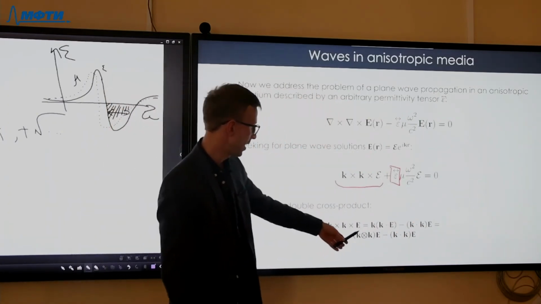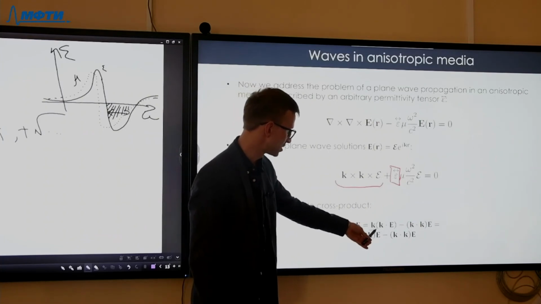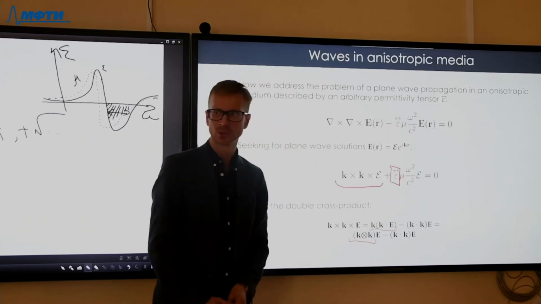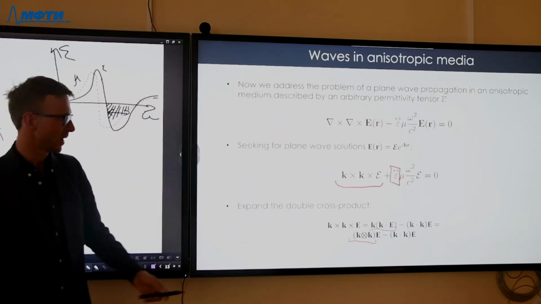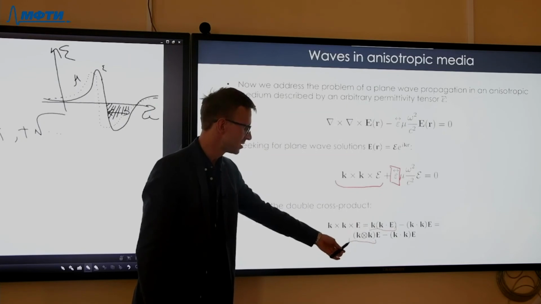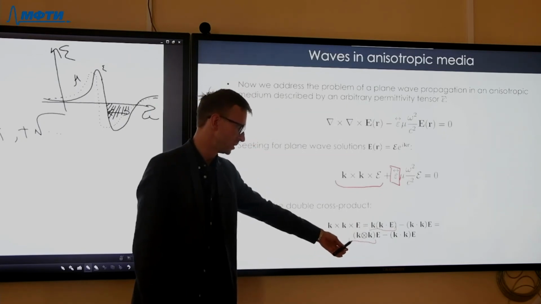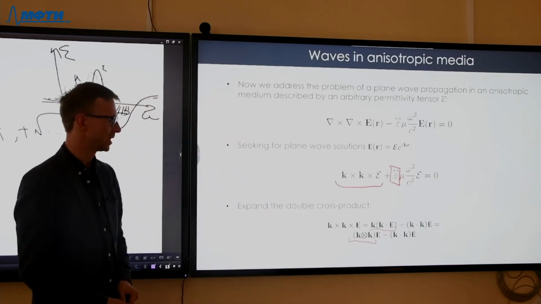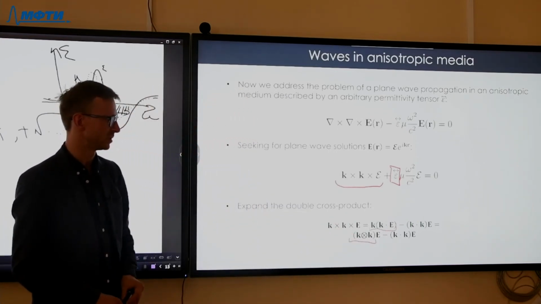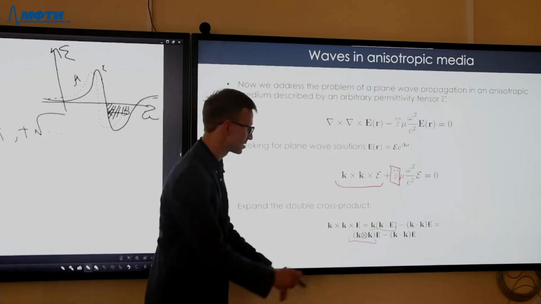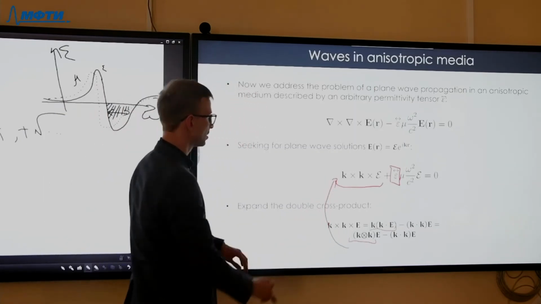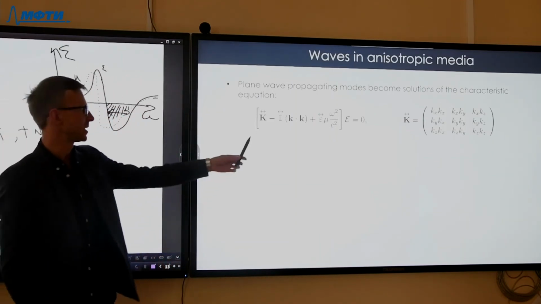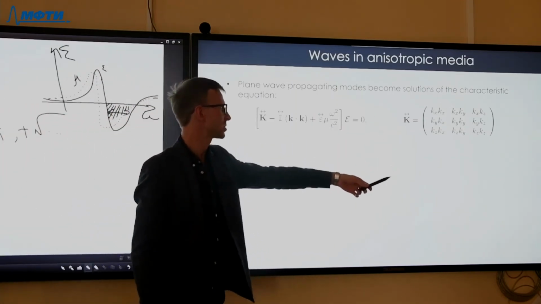And a shorthand way to notate this is also via the tensor product. You can verify it yourself that this combination of vectors is the same as calculating the tensor product of k by k and multiplying it with the electric field. Now we can plug this back here and we will end up with this, where the capital K denotes this tensor product.